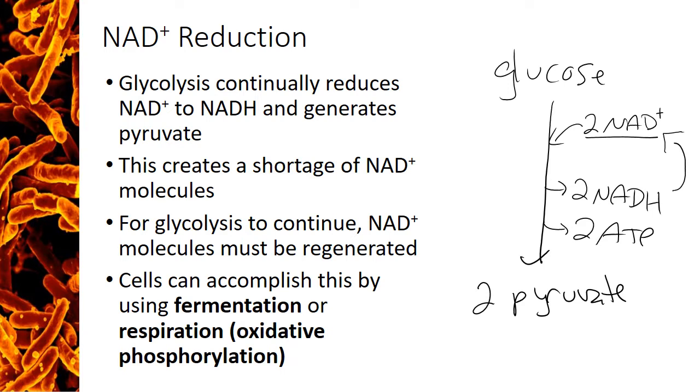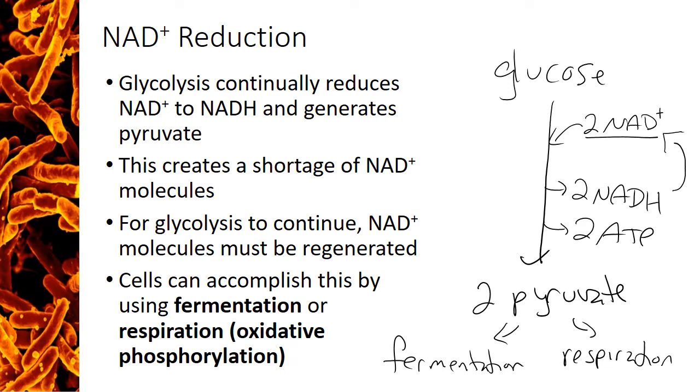Cells can accomplish this in 2 ways, by funneling pyruvate either into fermentation pathways or into respiration. If it follows fermentation, no more energy will be produced, but NAD+ will be regenerated.